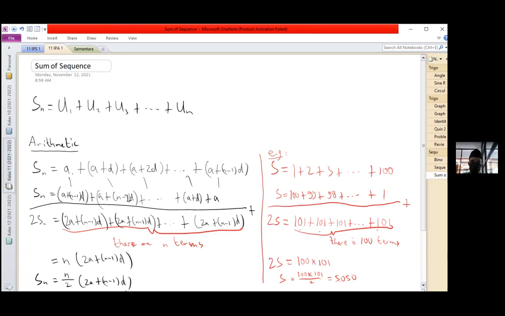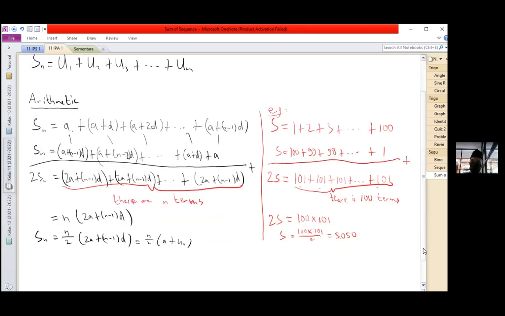So that's why this is also equal to n over 2 times a plus un. And so that's how we get the formula.